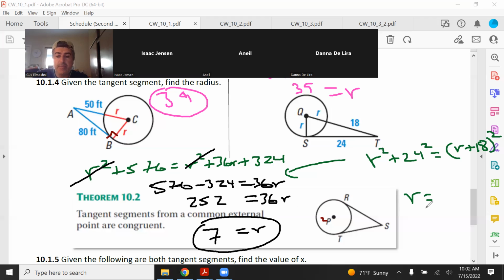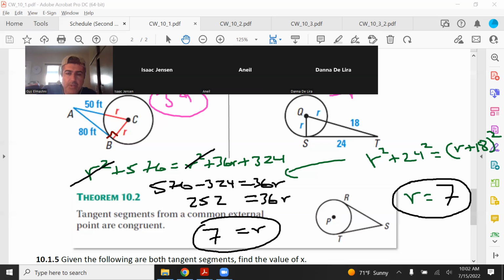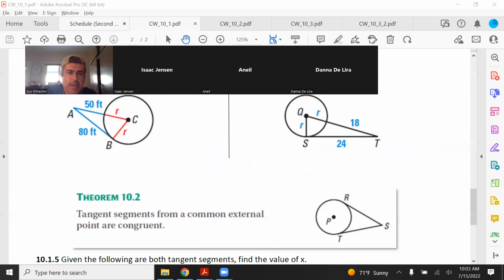Okay, I got r equals 7. So hopefully that seems okay. There'll be some problems on the worksheet for homework that will be similar to this. And you guys are going to do another practice set on your own just in a little while. Let's keep moving.